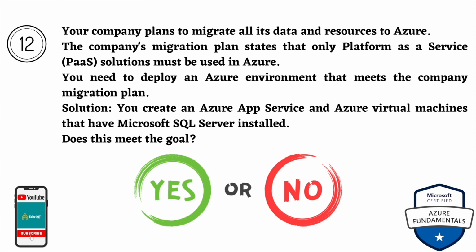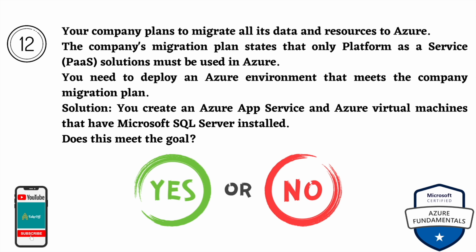Your company plans to migrate all its data and resources to Azure. The company's migration plan states that only platform as a service solutions must be used in Azure. You need to plan to deploy an Azure environment that meets the company migration plan. The proposed solution is you create an Azure App Service and Azure Virtual Machines that have Microsoft SQL Server installed.